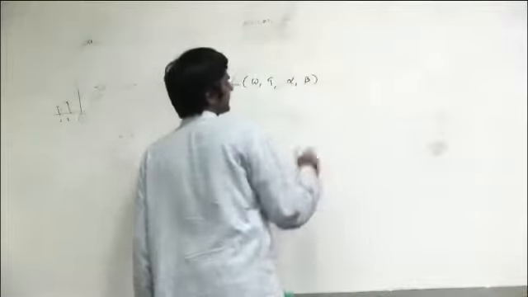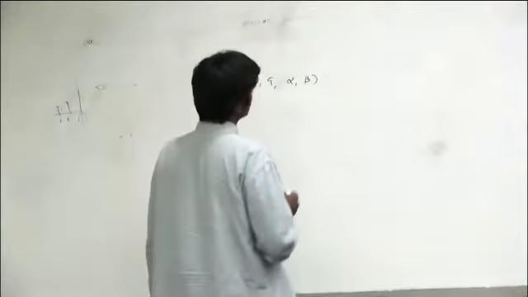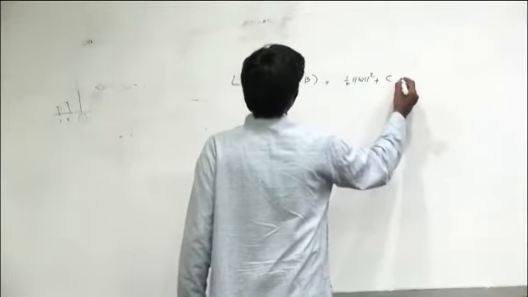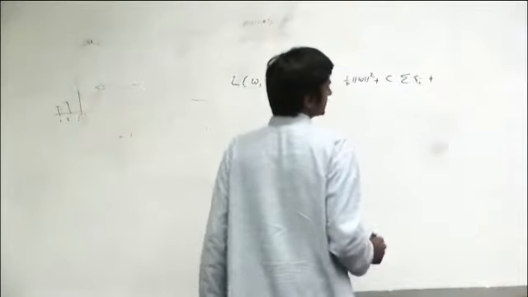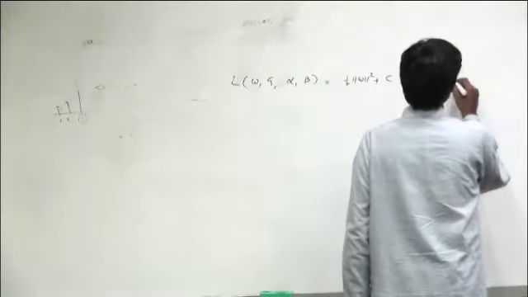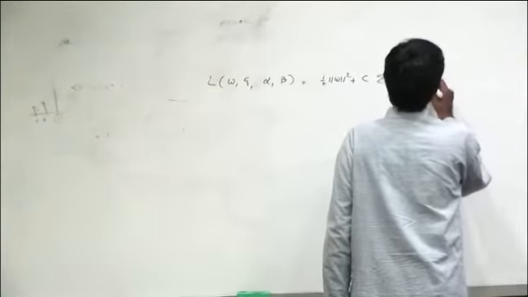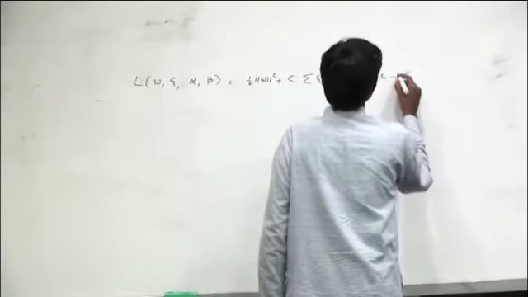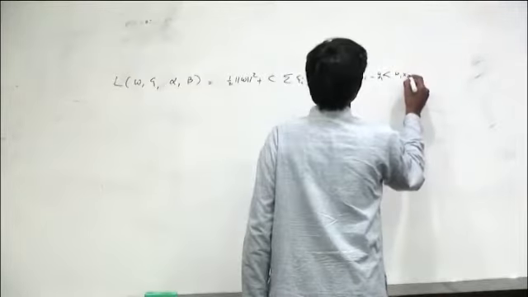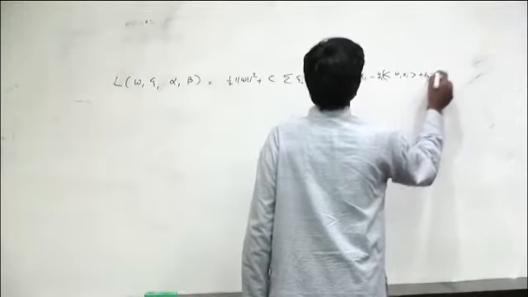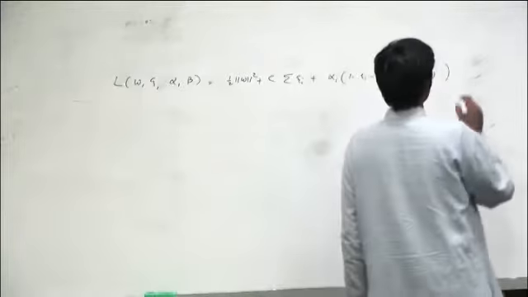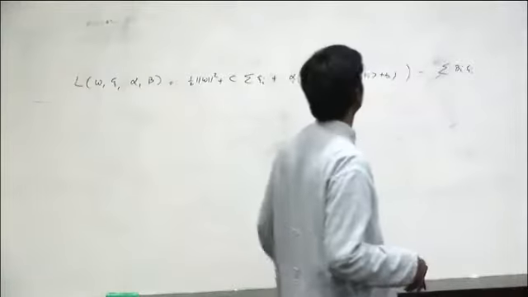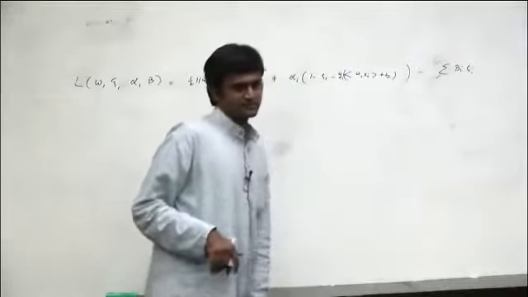So these are all new dual variables, and the Lagrangian looks like this: summation of alpha_i times (1 minus y_i (w dot x_i plus b)), and minus summation beta_i psi_i. These alpha_i's are for the first constraints, beta_i for the second constraints.